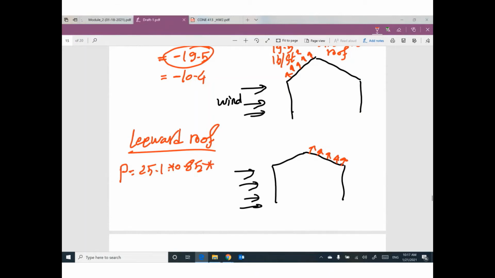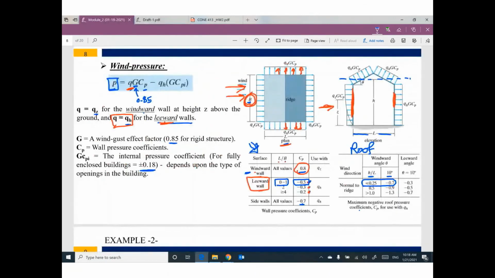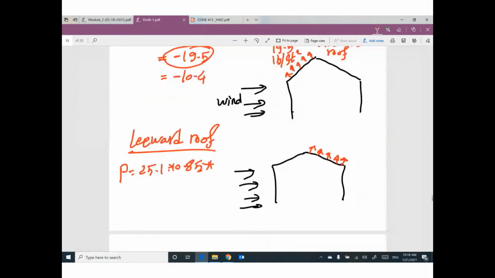The CP value for leeward angle 10 and H divided by L smaller than 0.25 is negative 0.3, minus QH times plus or minus 0.18.